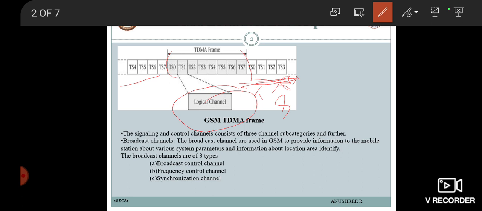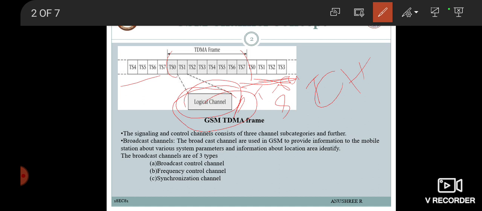Now, after knowing this, let us focus on the logical channel. The logical channels are the ones which carry either subscriber traffic or the signaling and control information to facilitate subscriber mobility. There are three types of traffic channels, shortly called TCH. The full rate traffic channel, TCH/F, carries one conversation by using one time slot.